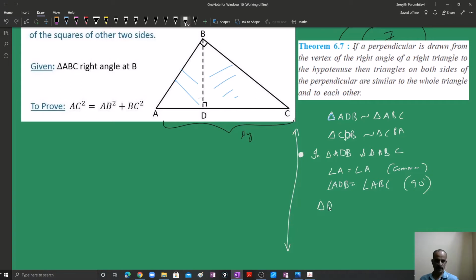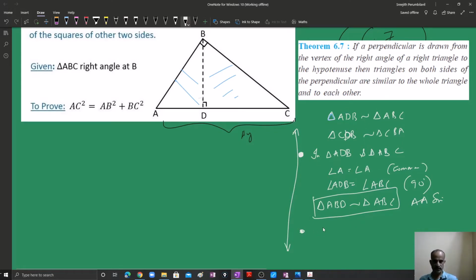Therefore, triangle ABD is similar to triangle ABC. First one is proved. Which similarity? We have AA similarity. Then the second one: the smaller triangle and the larger triangle.